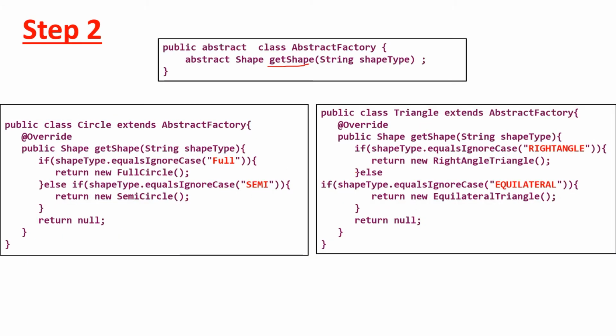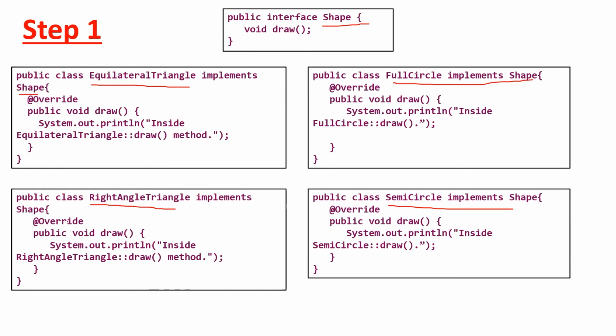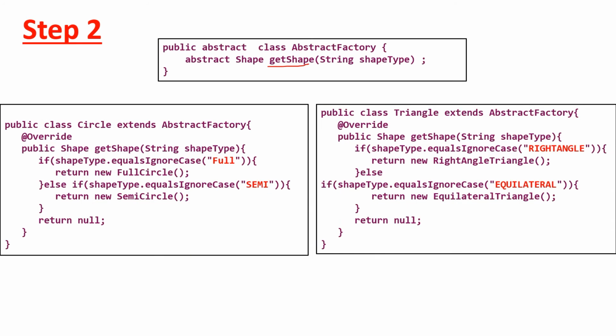So now first what we did, we created a shape, and then we created 4 concrete classes for this shape. Now in this we created first one abstract factory, and then we created 2 factories. One is circle factory and the other is triangle factory, and you can see both factories extend this abstract factory. Based on the shape type, like you want it as a full or you want it as a semi, it is going to create those concrete classes.